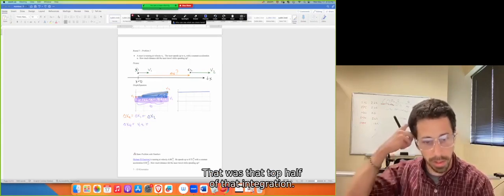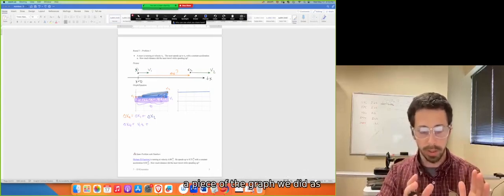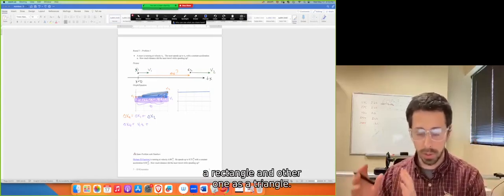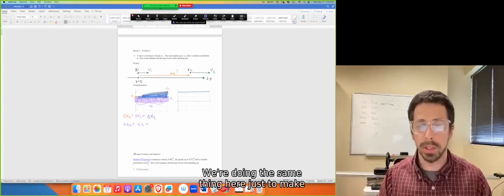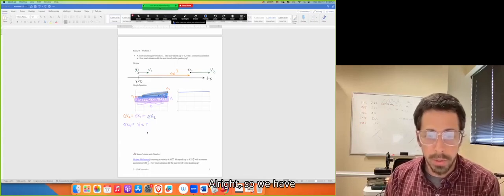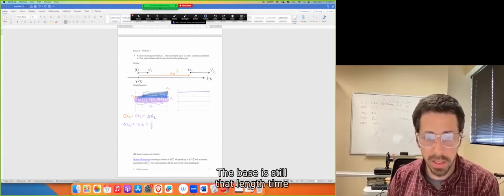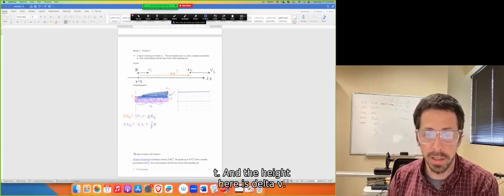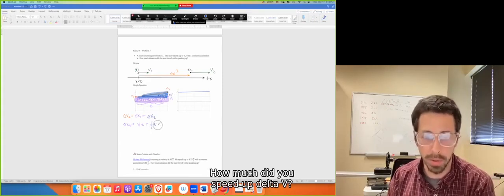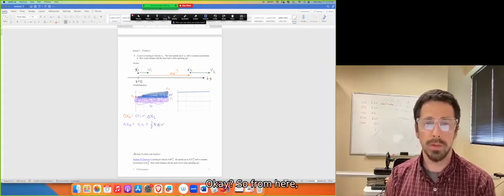We've done this before where we had a piece of the graph as a rectangle and another one as a triangle. We're doing the same thing here just to make our calculations a little bit easier. So delta x2 is a triangle, 1/2 times the base. The base is still that length of time t, and the height here is delta v. How much did you speed up? Delta v.